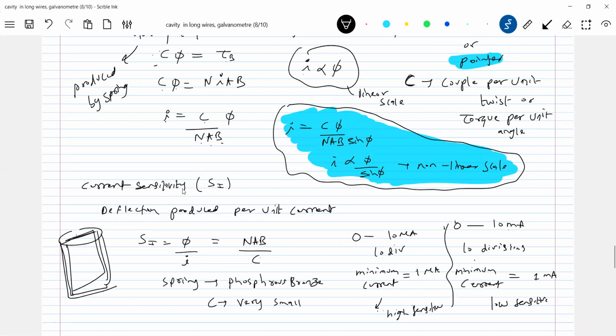Next, it also has very high tensile strength. What do you mean by tensile strength? It means even if a large torque is set up, it will not break.